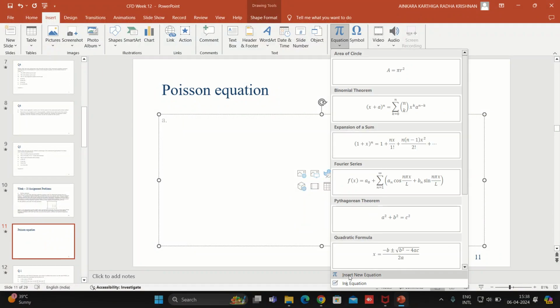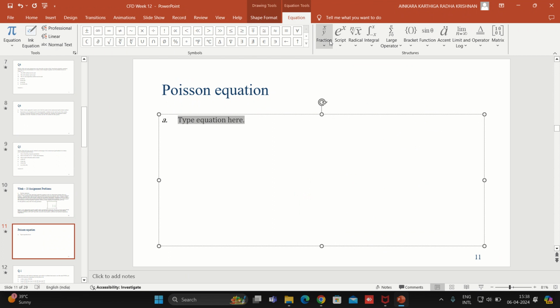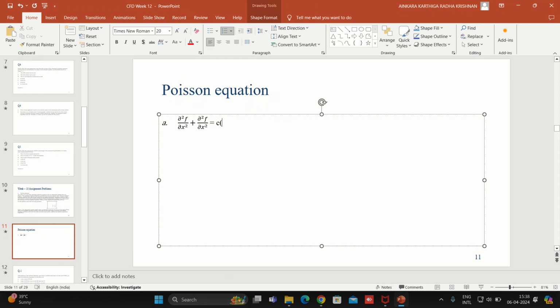I'll just mention the equation so it would be easier. So this is the Poisson equation.